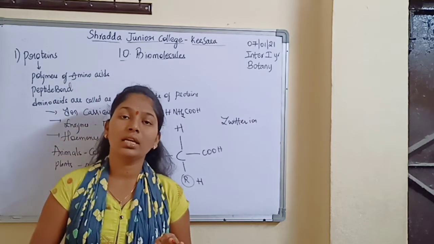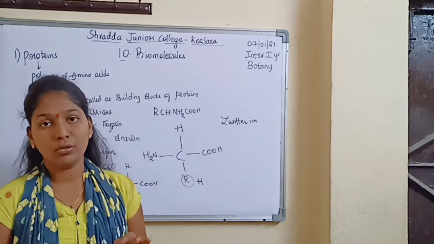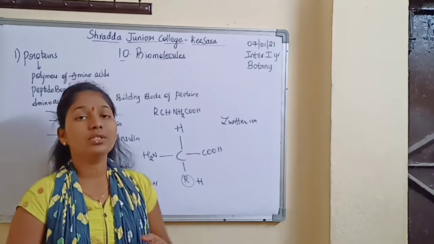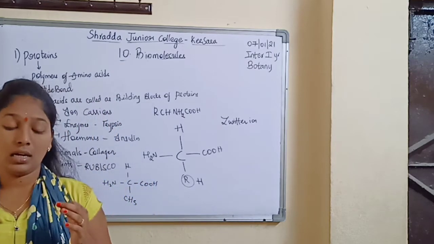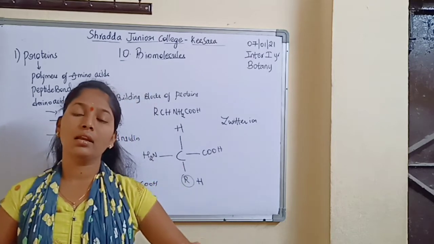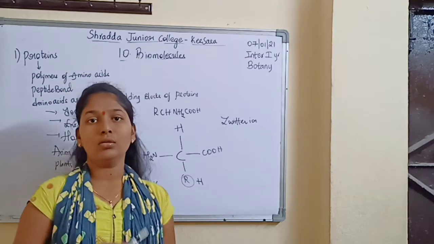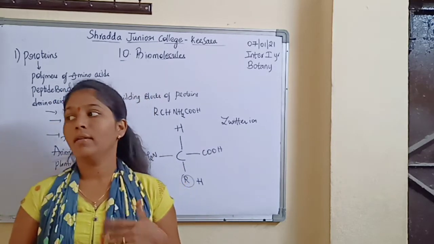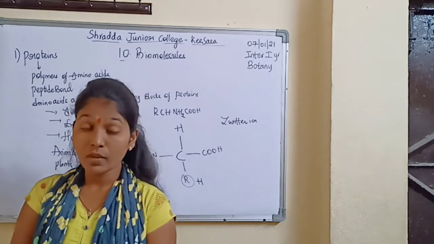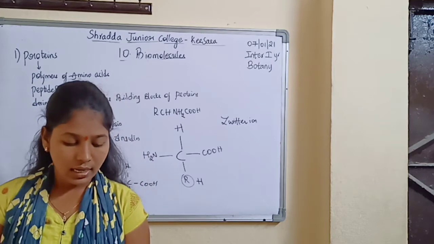Anion is a negatively charged particle. Cation is a positively charged particle. So this zwitterion has the capacity of combining both ions. It can act as an anion, it can act as a cation. So it can be positively charged or negatively charged. Okay, so that is one of the important characters.